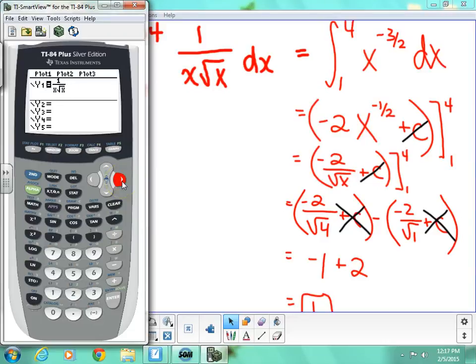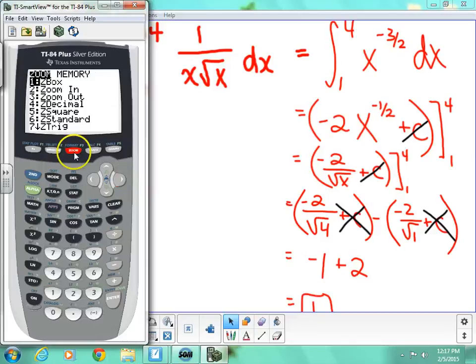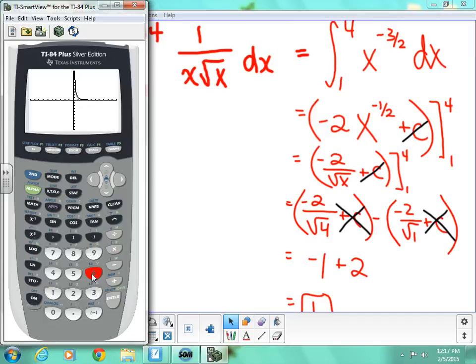I can graph this puppy and I can say, I'm going to do zoom standard. Ooh, there he is. And then, is there this whole menu with cool, graphy, mathy things? And is there an integral just waiting for us? Number 7. And does it ask me the lower bound, 1, and the upper bound, 4, and it actually shades it and says, there he is, 1.